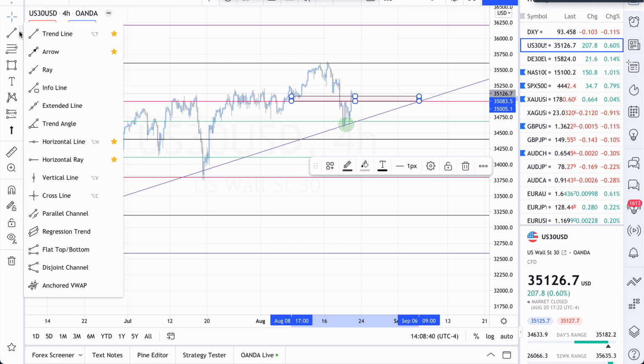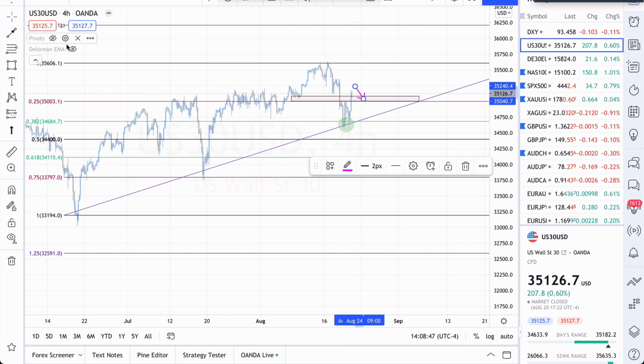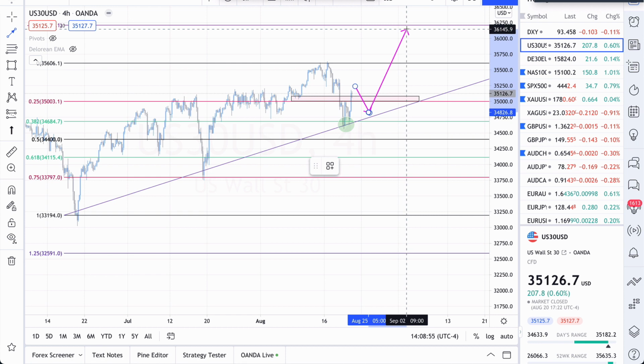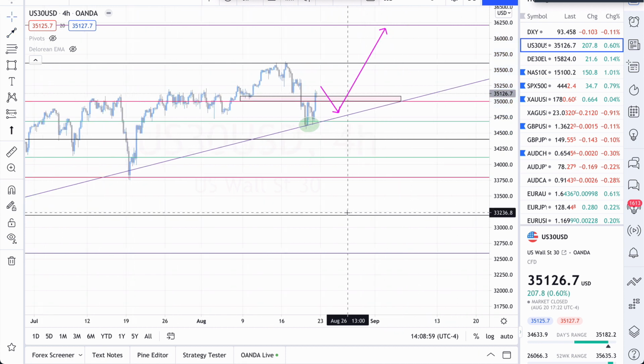That would be ideal for it to come here, or even better here, and then push up. That's what I hope happens. If not, it could even come back to where you see this red rectangle, this light rectangle, and then push up.